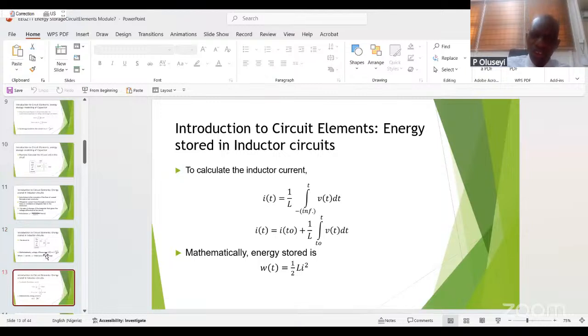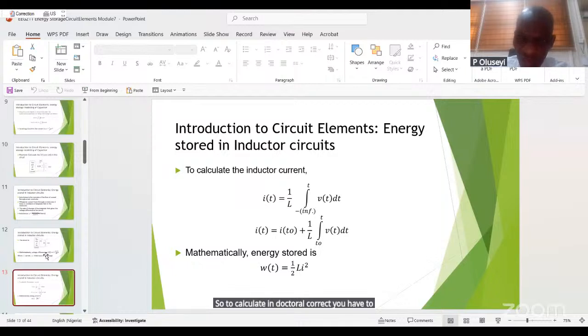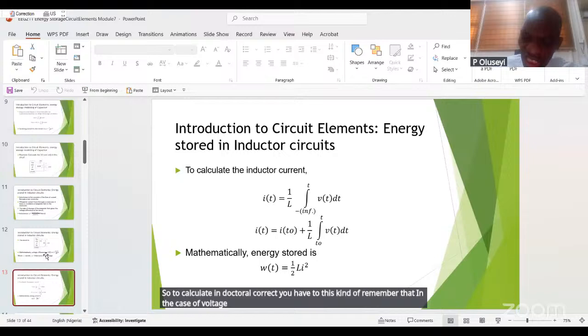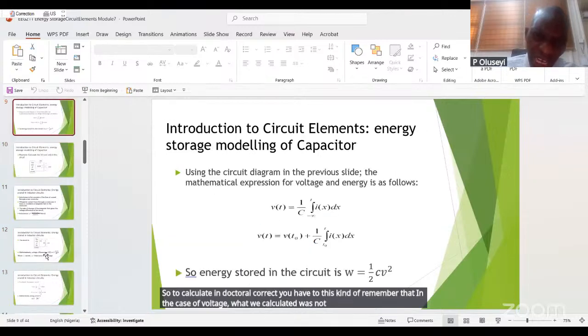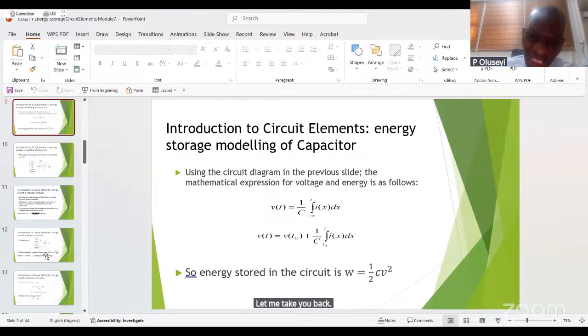So to calculate the inductor current, remember that in the case of capacitor, what we calculated was voltage, not current. Let me take you back. We calculated the voltage stored between the capacitor plates.